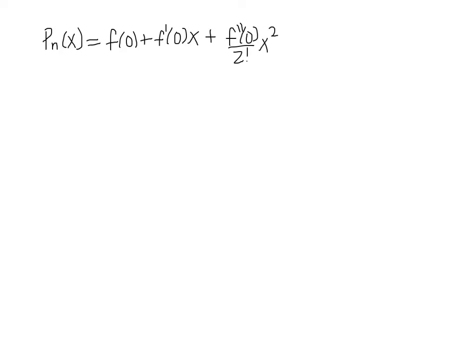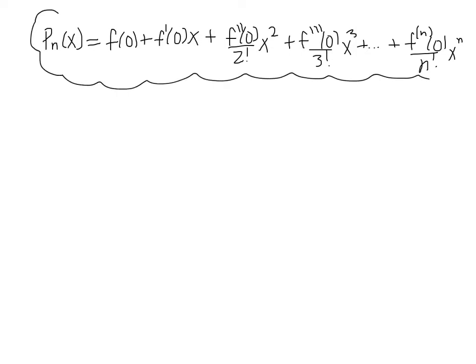So using that information, we have that this approximating polynomial, Pn of x, is given by f of 0 plus f prime of 0 times x plus f prime prime of 0 over 2 factorial times x squared. 2 factorial is just 2, plus f triple prime of 0 over 3 factorial, x to the third, up to whatever n you want to stop at, the nth derivative at 0 over n factorial times x to the n.